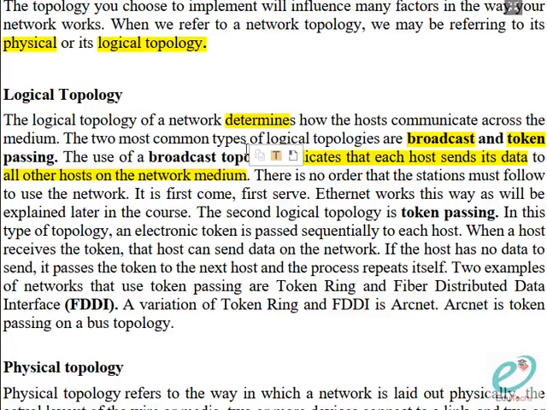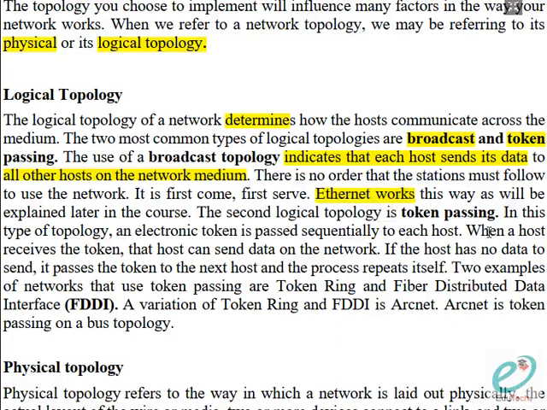If not, the data is discarded. If yes, the data is acknowledged. There is no order that stations follow to use the network, because each is just broadcasting whatever it has. It's sending to all. That's why we say there is no order. The Ethernet network works like a broadcast.